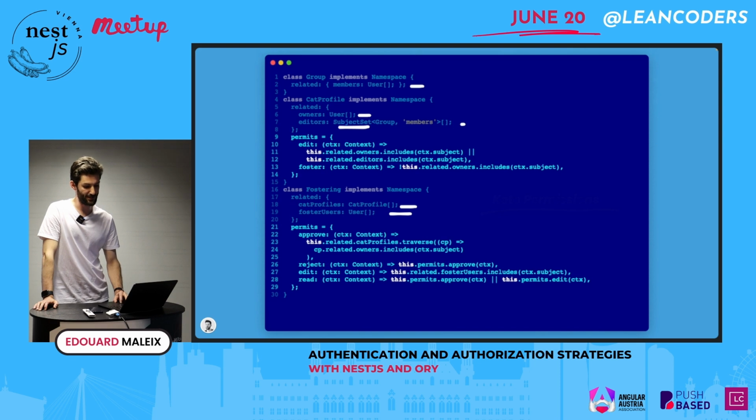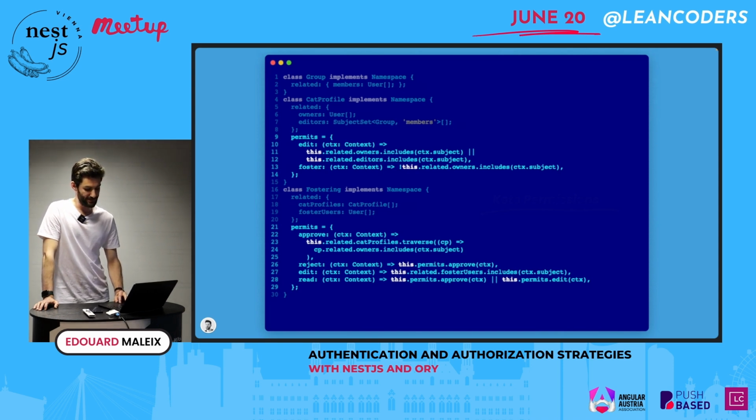As said, for the cat profile, you would be able to edit a cat profile if you are part of the owners or part of the editors. You could foster or request to foster a cat profile if you are not an owner, because obviously you don't want owners to request to foster their own cats. That would not make sense.